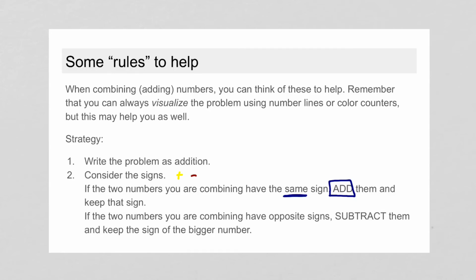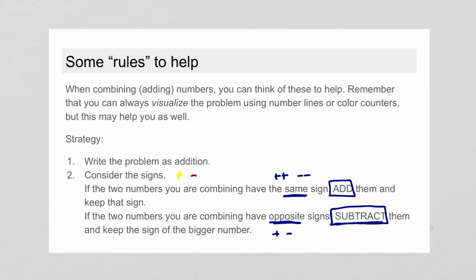If the two numbers you're combining have opposite signs, so one's positive and one's negative, then you're going to subtract them and keep the sign of the bigger number. So if they've got the same signs, that means they're both positive or they're both negative. Just add them together and keep that sign.